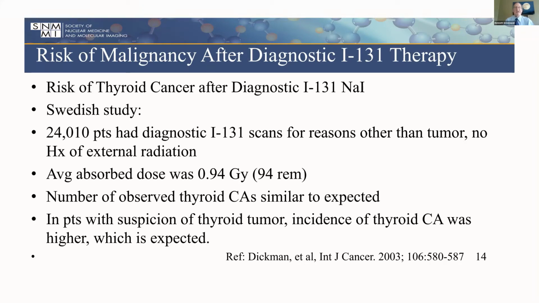There was a large Swedish study, 24,000 plus patients, who had I-131 scans for reasons other than tumor, no history of external radiation. Average absorbed dose was 0.94 gray or 94 rem. The number of observed thyroid cancers was similar to expected. And in patients with suspicion of thyroid tumor, the incidence of thyroid cancer was higher, but that's expected.